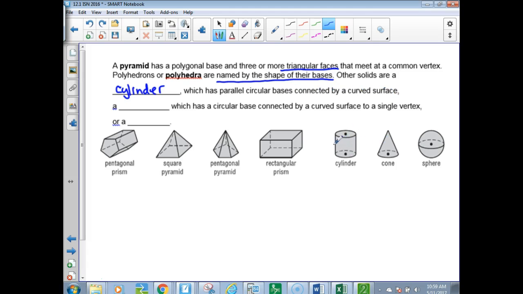So this is a cylinder, and this surface that is connecting those bases, the top and the bottom, is a curved surface. It's actually a rectangle. A cone has a circular base connected by a curved surface to a single vertex. There's an example of a cone. Or a sphere.